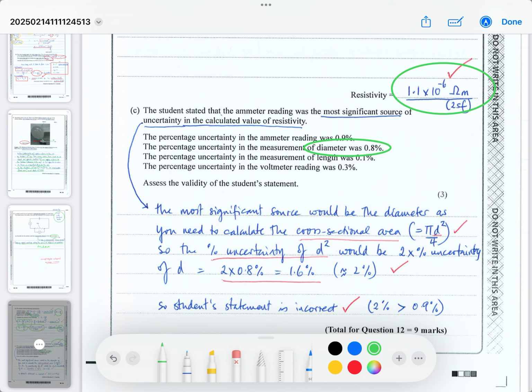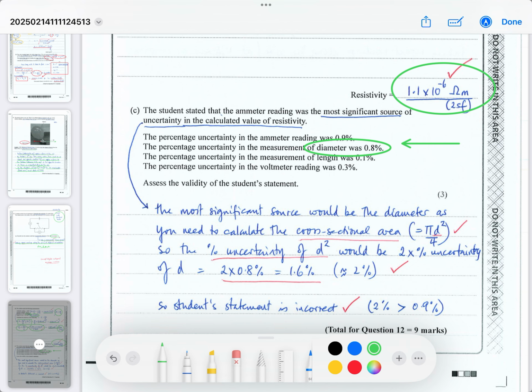So the key to this question is this line. The ammeter says 0.9, diameter is 0.8, the percentage uncertainty in the length was 0.1, so that's not very uncertain, and the percentage uncertainty in the voltmeter reading was 0.3.